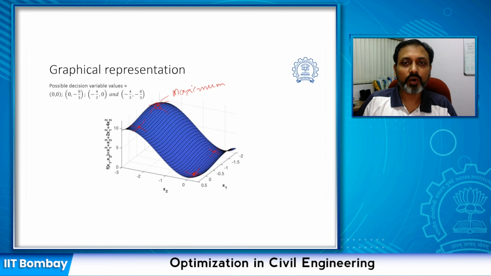Using these potential points, we looked into the sufficiency conditions, and in the sufficiency conditions, we did the second order partial derivative of the objective function.